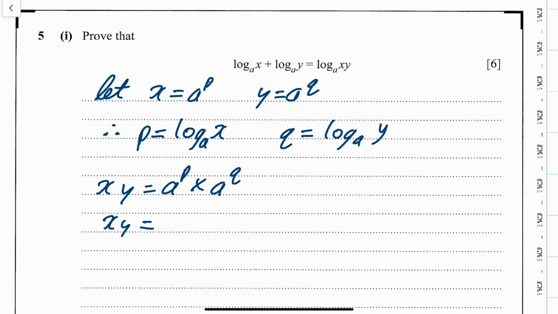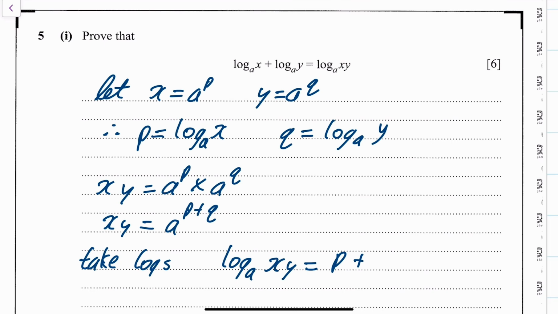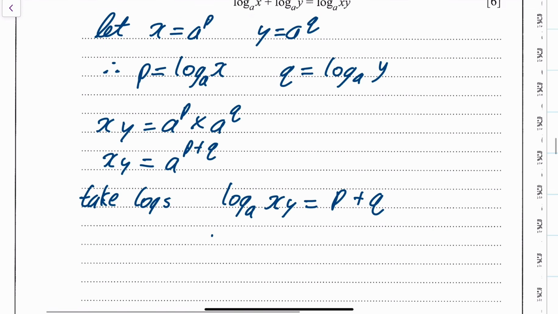That means xy is the same as, by indices, a to the power of p plus q. Now if you take logs, log to the base a of xy is just going to be equal to p plus q. But then that means log to the base a of xy is equal to log to the base a of x plus log to the base a of y.